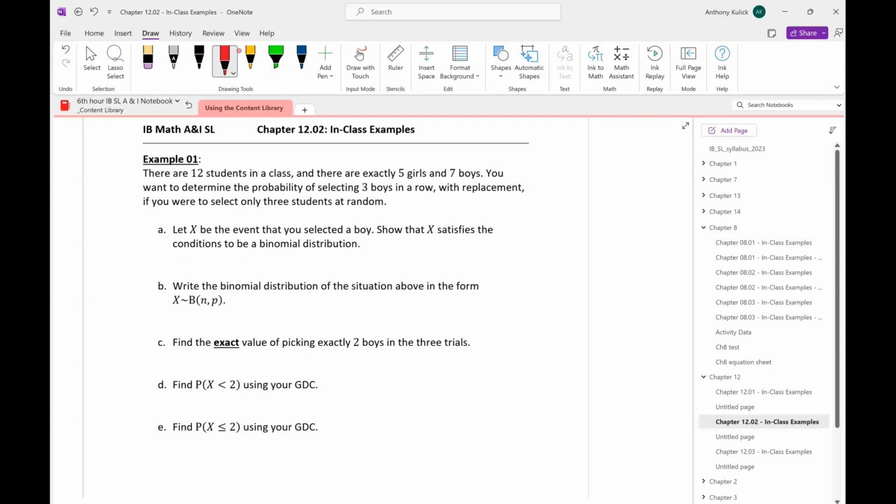What part of the story tells you that there's a fixed number of trials? If you can't articulate it, that's okay. I'm going to give you time. Because there's 5 girls and 7 boys, and select all 3 students. So it's because you're doing 3 draws. 1, 2, 3. Fixed number of trials.